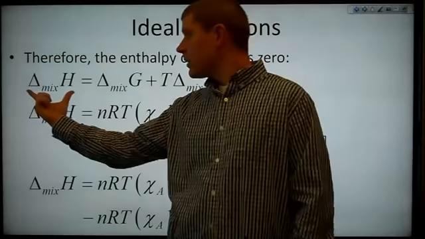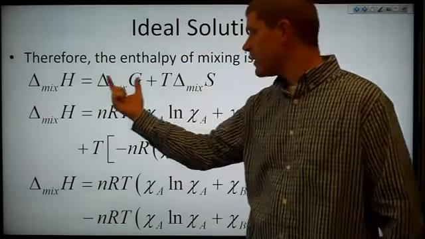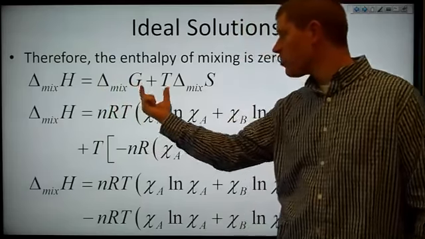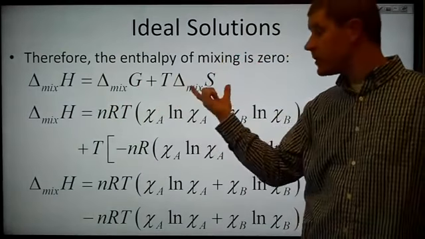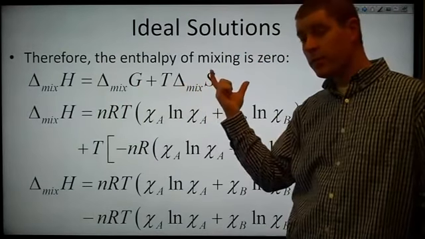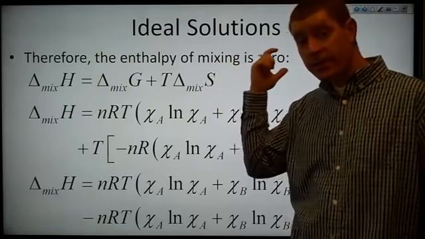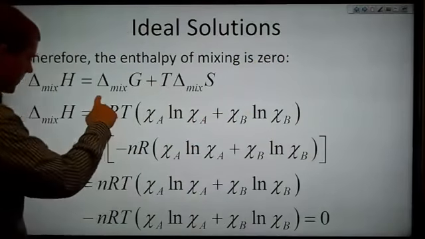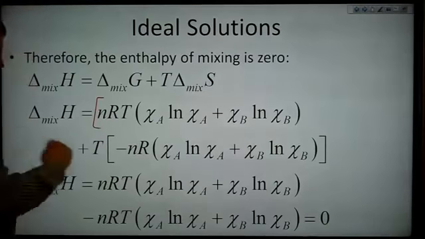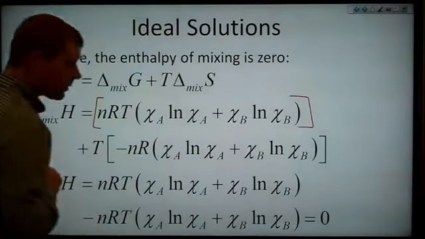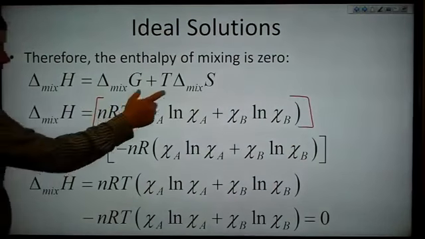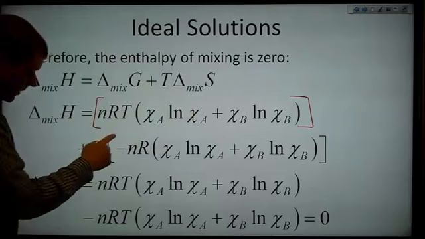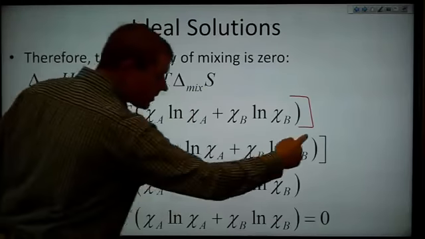So we know that the enthalpy of mixing is equal to the Gibbs energy of mixing plus T times the entropy of mixing. And the Gibbs energy of mixing is this quantity. And the entropy of mixing is the stuff in brackets here.